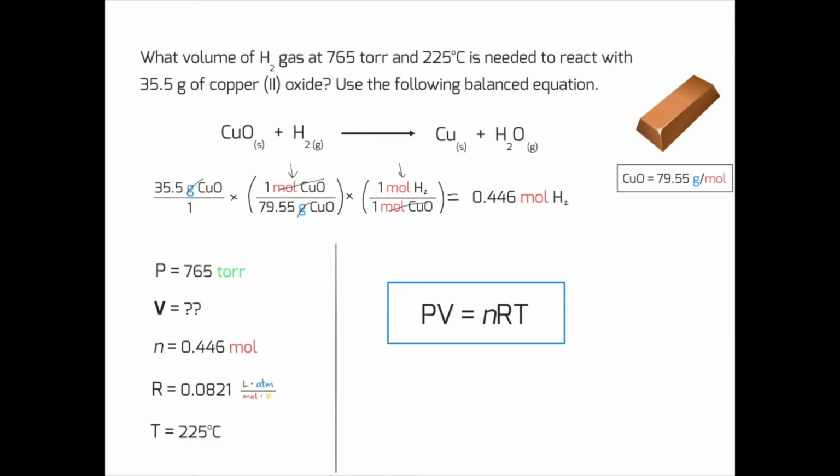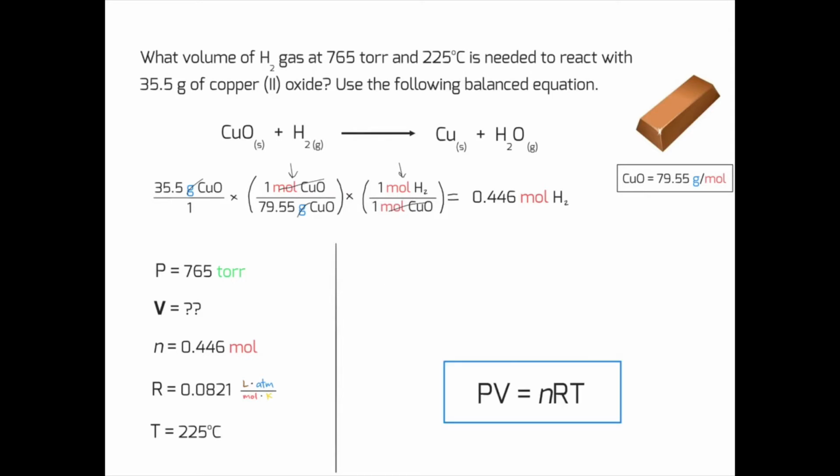We can see that V is our only unknown, but before we can plug these values into here, we need to make sure that everything is in the right unit, which means that we need to convert torr to atmosphere, and we need to convert Celsius to Kelvin. So we can start by converting torr to atmosphere. So we start our calculation with our 765 torr. And if we remember our conversion factors, we can see that we have 760 torr per 1 atmosphere.